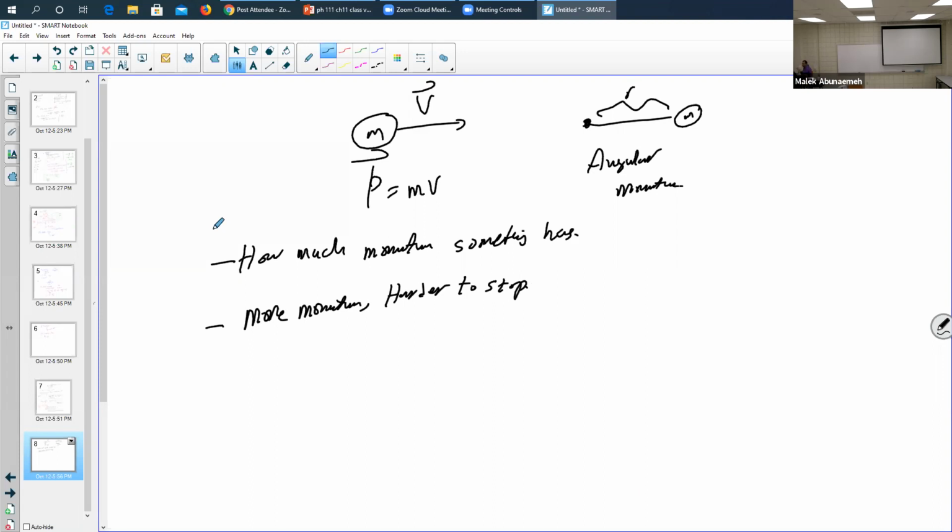Now, to change momentum, you have to apply a force for an amount of time.